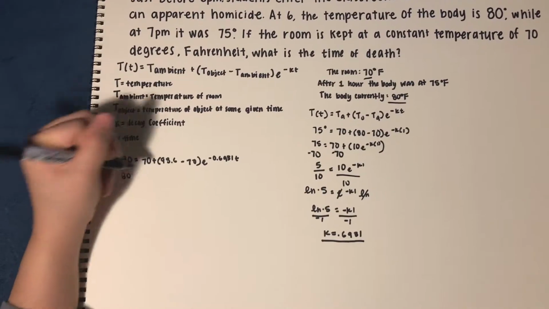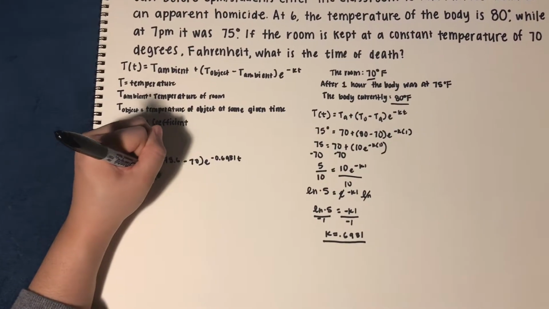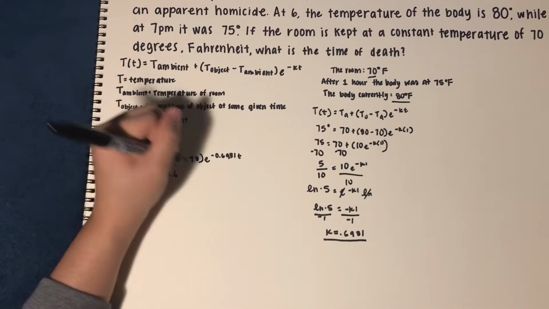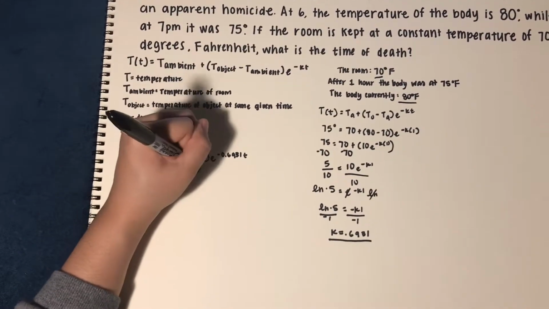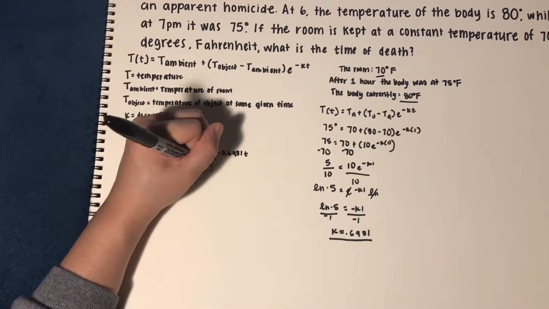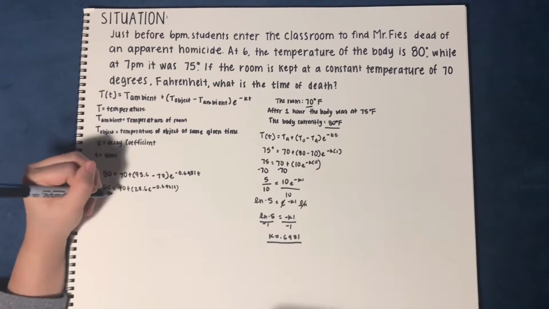So 80 equals 70 plus 28.6 e^(−0.6931T). Next step would be to subtract 70 from both sides.